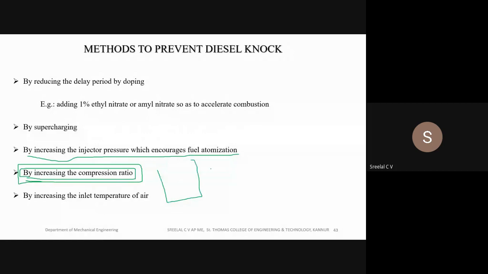But in the case of an SI engine, if we are increasing the compression ratio, what happens? The clearance volume will be reduced, so more density or amount of fuel can be accommodated.